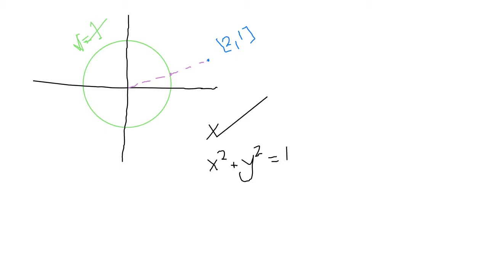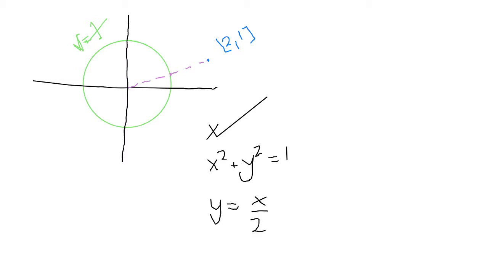What else do I know about that point? I know that this point is on this purple line, and that purple line is passing through the origin and (2, 1). So that line is y equal to x over 2.